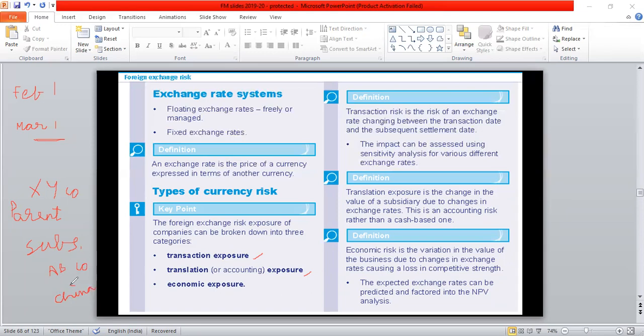Now, as on the date of presenting their financial statements, which have to be disclosed as on a respective date, XY company will have its own financial statements disclosed. AB company also will disclose its own financial statement. But because XY company is a parent company, it cannot only publish its own financial statement.